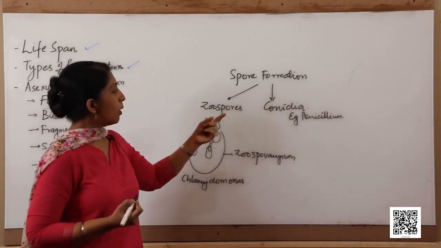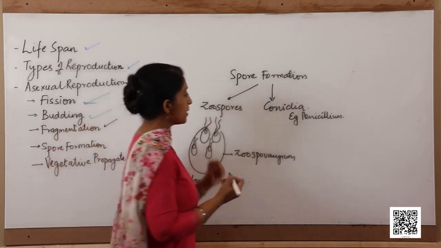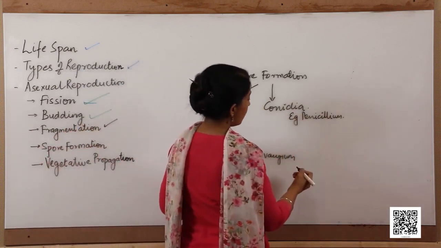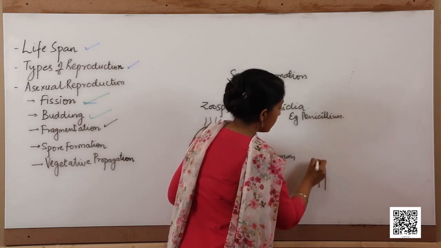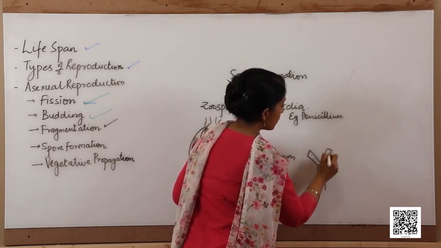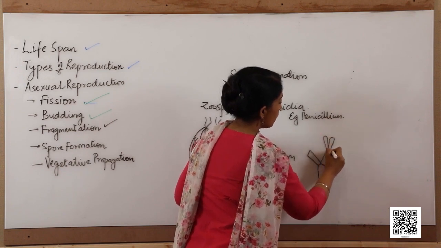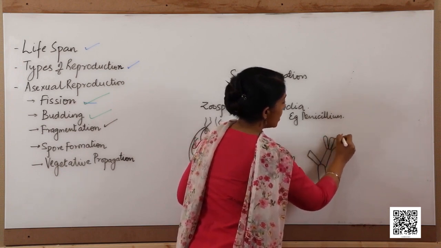So conidia, now how do they help in dispersal? The conidia are formed on specialized hyphae which are known as the conidiophores. So these conidiophores give rise to the conidia.